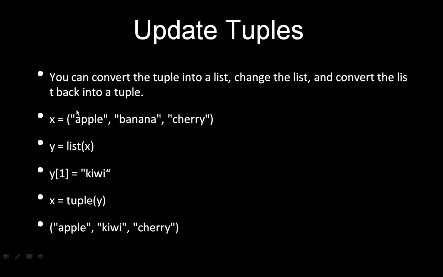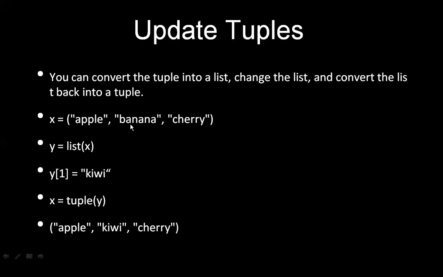You can notice in this particular example that we have taken apple, banana, and cherry. This tuple will be converted into a list. How I will do that is y equal to list of x. So now y is going to be converted into a list. Then I will update the index number 1 value with kiwi.